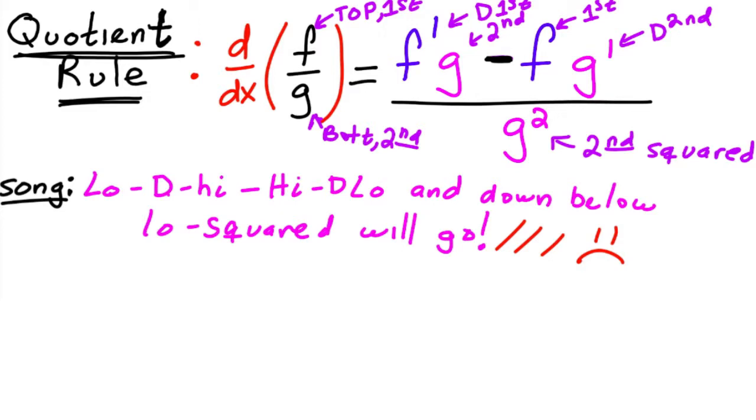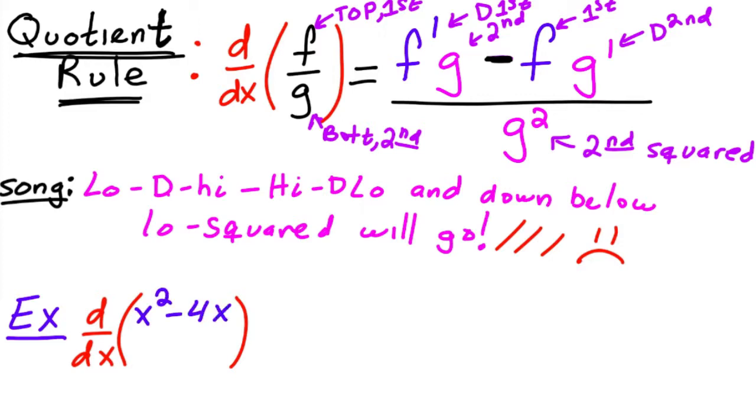Okay, so let's actually apply this. Let's do an example. Let's say we want to find the derivative of x squared minus 4x over 3 to the x plus square root of x.